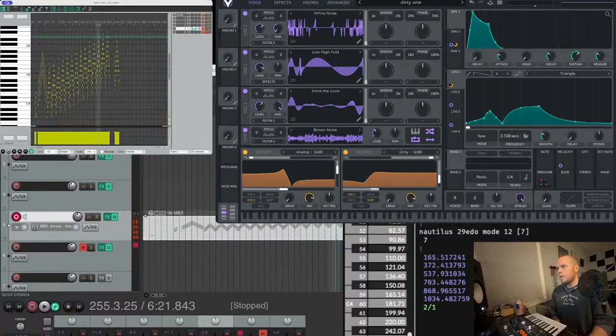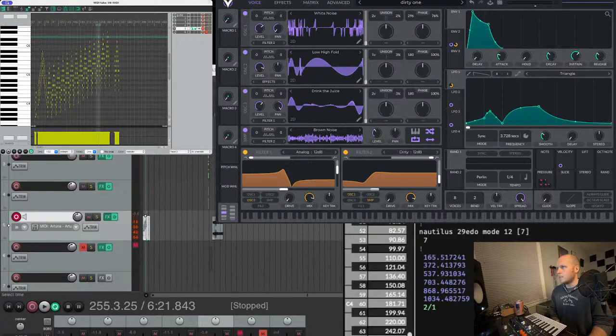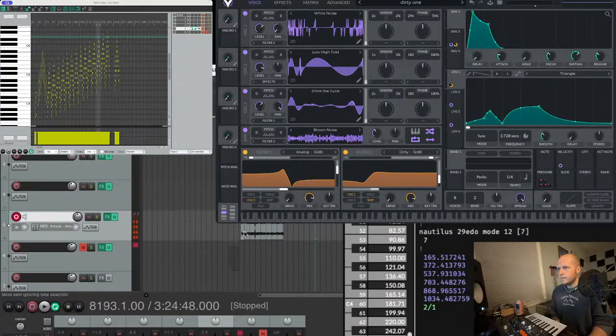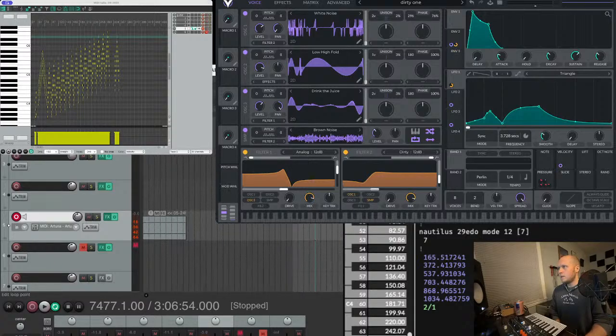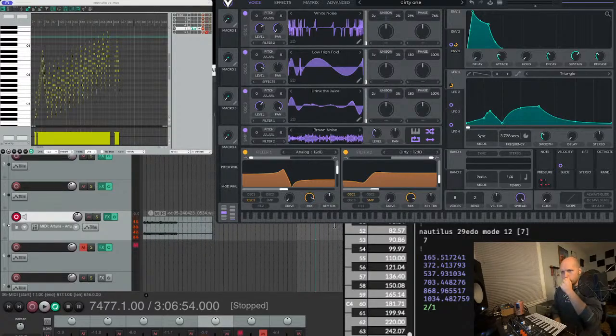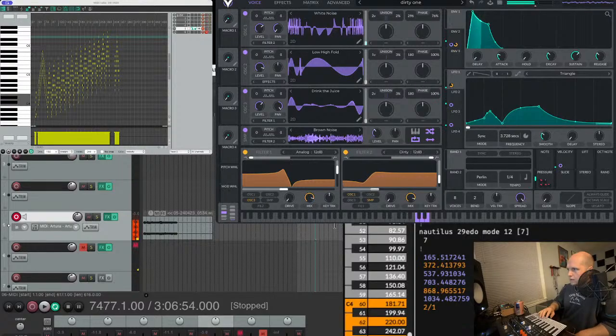Now that we've got a patch going and a very small, easily manageable scale, I'm gonna start just noodling around and try to come up with some chords, something to get the germ of an idea. So I'm just gonna noodle around and see what happens first.